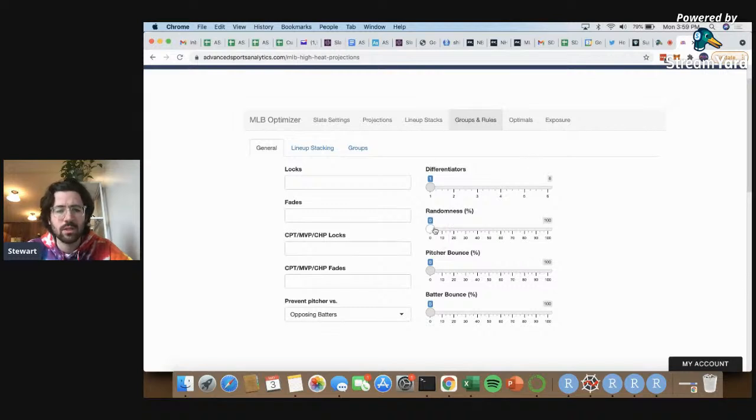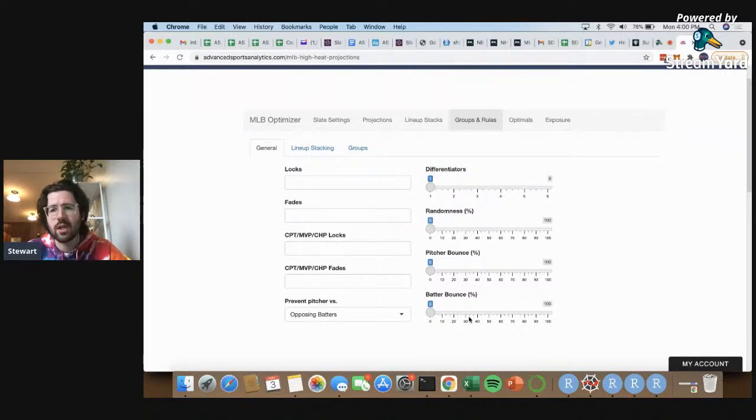So the idea with randomness is that if there are multiple people using the same optimizer with the same projections and the same set of rules, everyone is going to be generating the same 5 lineups. That would be ASA subscribers. Our projections are available on Fantasy Labs, so Fantasy Labs subscribers using the same or similar rule settings.